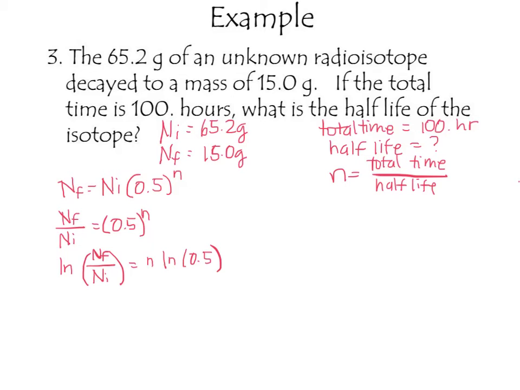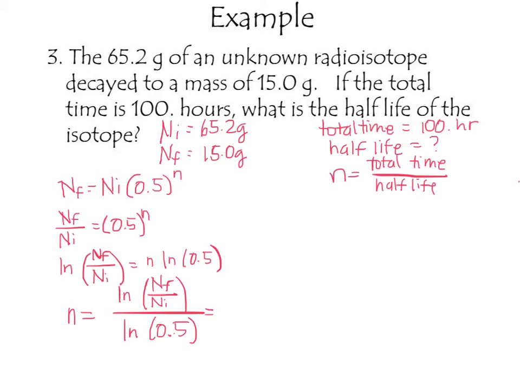Now we can get rid of this by dividing on both sides, and you should be able to solve for n. Here's the equation: n equals ln of the final mass divided by the initial mass, all divided by ln of 0.5.